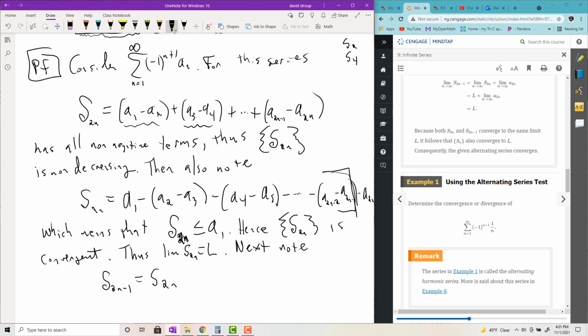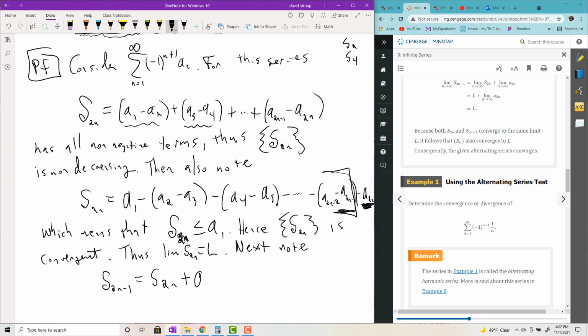Everything up to this point right here. So s sub 2n minus a sub 2n would be sort of the same thing, but you would be adding in to get rid of this last term here, this a sub 2n. That's the only difference between s sub 2n minus 1 and s sub 2n.